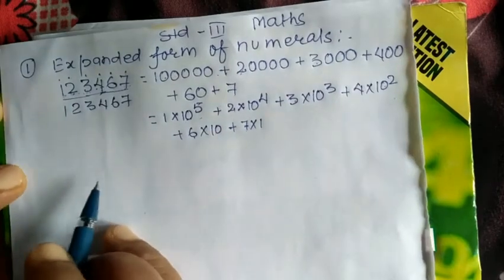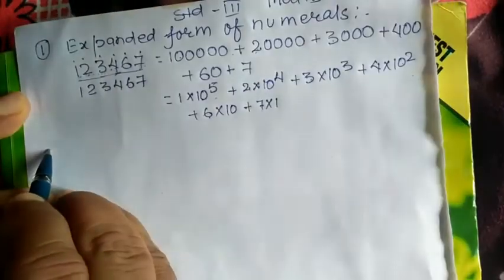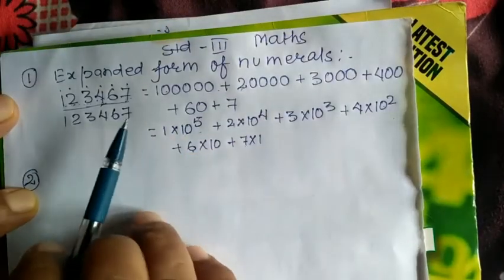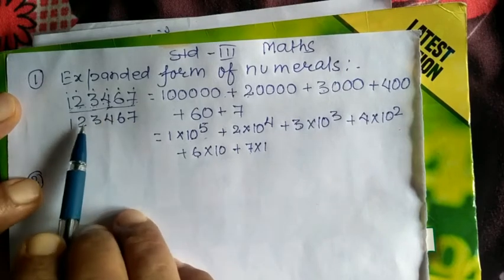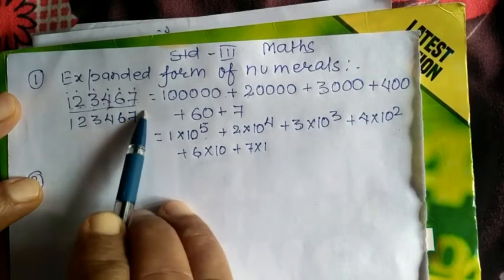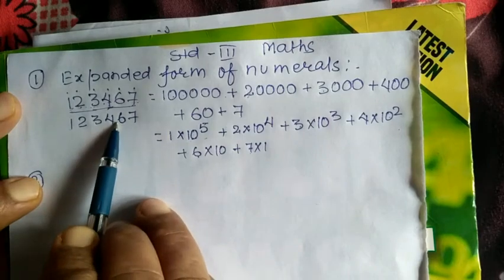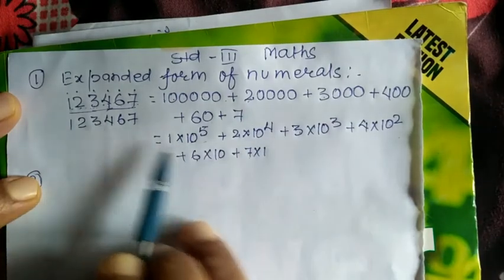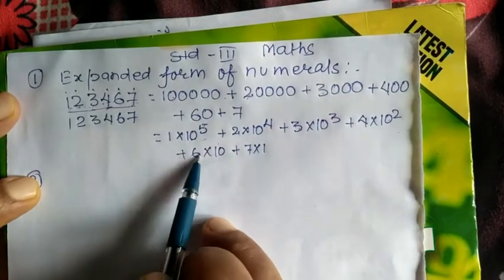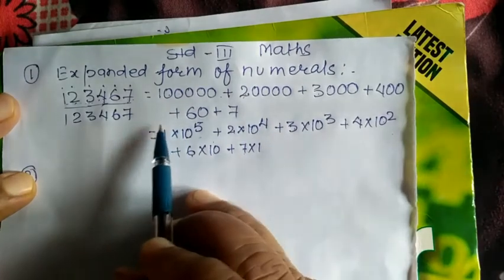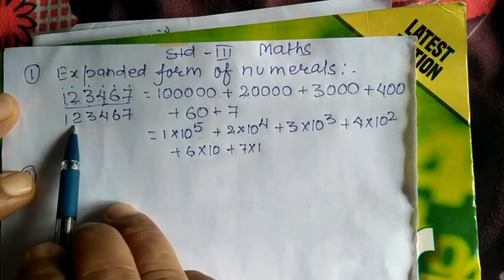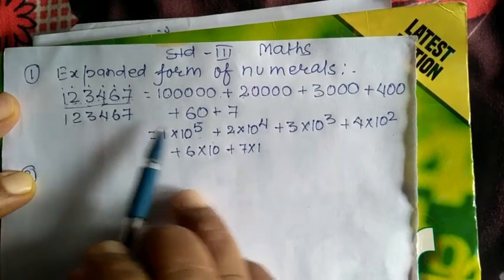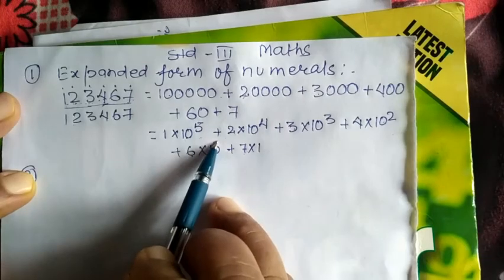Now see another example for writing the expanded form. Two types of questions arise here. Either the given number is already in its short form, and we have to expand it, as in the previous question.